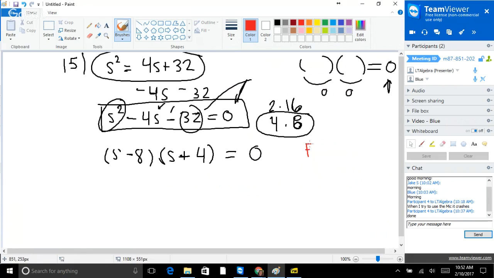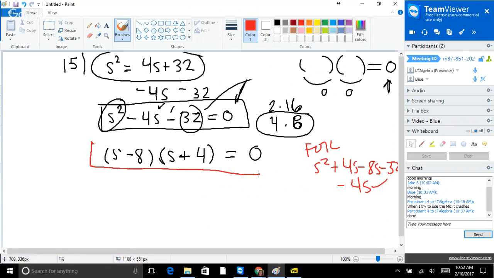So if I FOIL this, I get s squared, outside is plus 4s minus 8s minus 32, or minus 4s. So that works out. All right, so all we've done so far is we changed our equation from written this way to written to equal 0, and now we've factored it to equal 0.